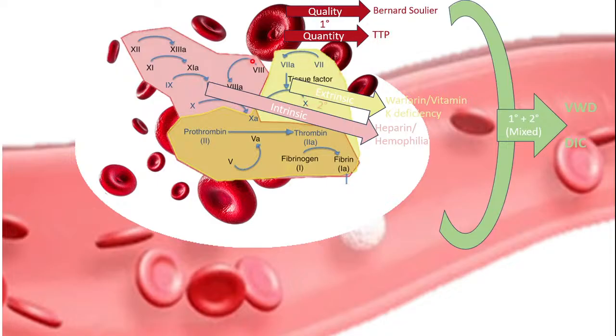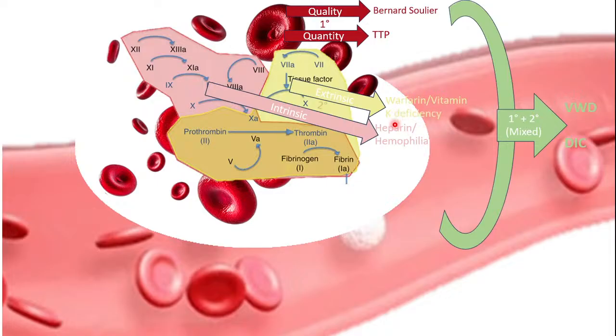And moving on, we have defects in the secondary hemostasis, and this in turn can be extrinsic. There can be a problem in the extrinsic pathway, or it can be a problem in the intrinsic pathway. So problems in the extrinsic pathway happen in warfarin therapy and also in vitamin K deficiency.